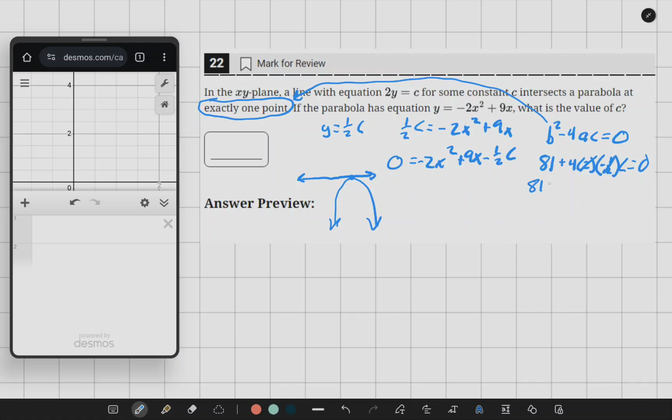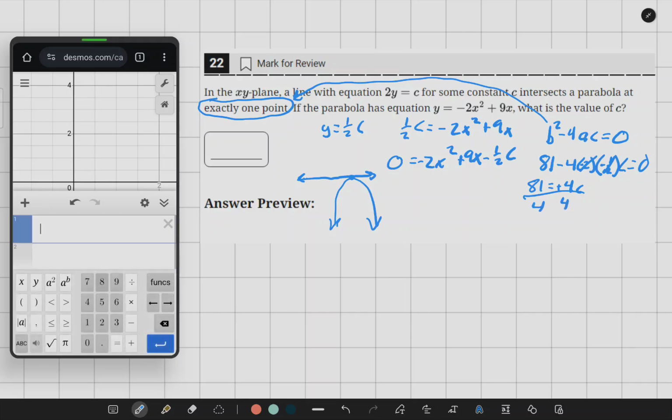So then you get 81 equals negative 4c. Oh, I forgot the negative there, so then it will stay negative actually here. So 81 minus 4c, so positive 4c, and then you'll divide both sides by 4, and that gives you 81 divided by 4, which is 20.25. So that will be our final answer for this.